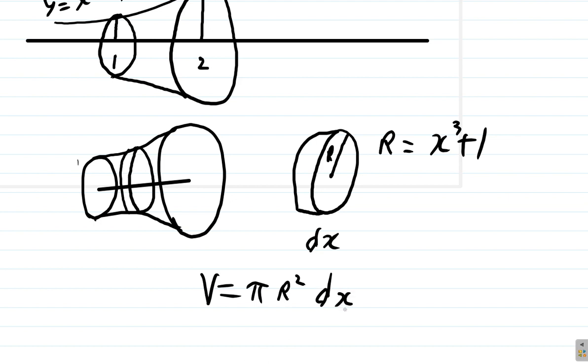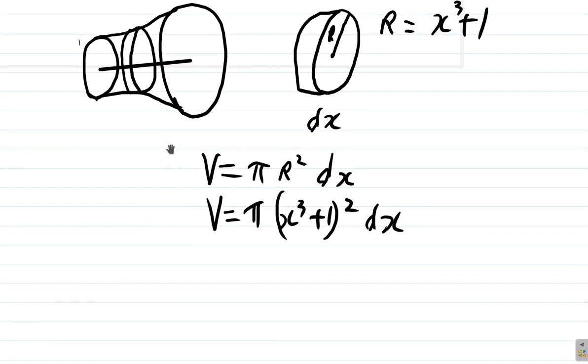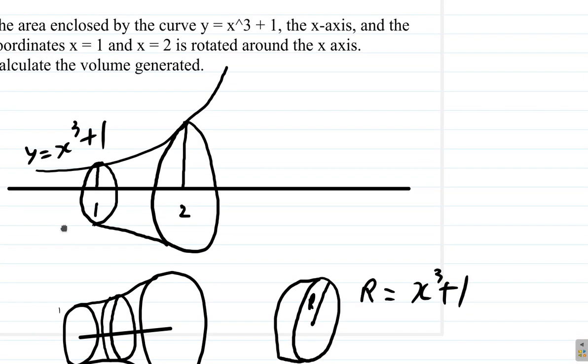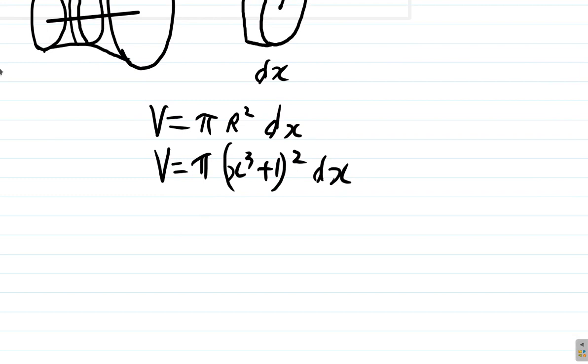Now, the radius is x cubed plus 1. So the volume is pi times (x cubed plus 1) squared dx. Alright? Now, you're adding up all of these volumes from 1 to 2. So you're integrating.